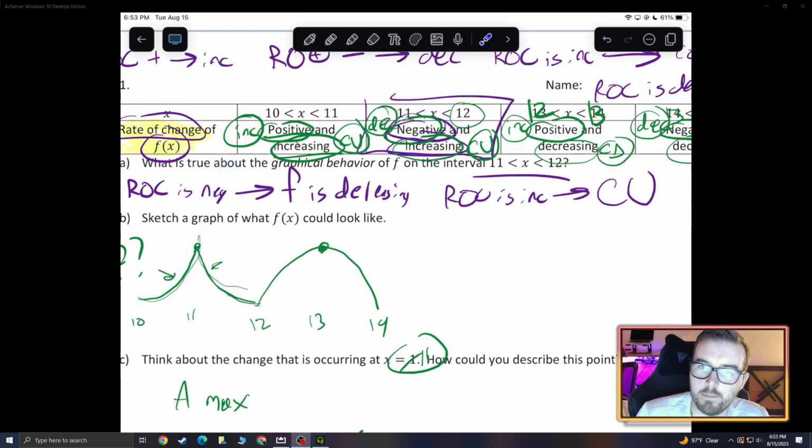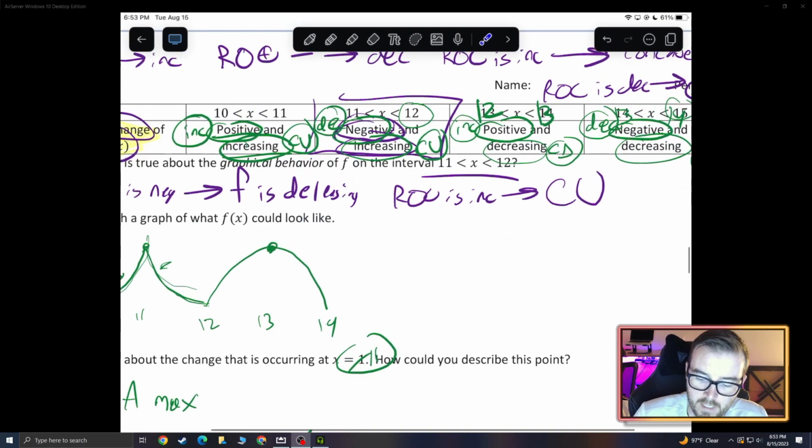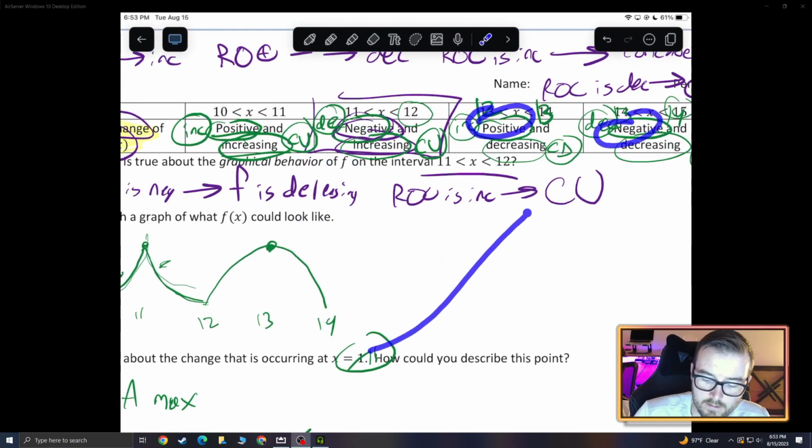It's going to be the top of this theoretical mountain, right? If you went from increasing to increasing, that just means you keep going up, right? So this isn't a max, it's just a point. But to go from increasing to decreasing, right? And the same thing happened here.